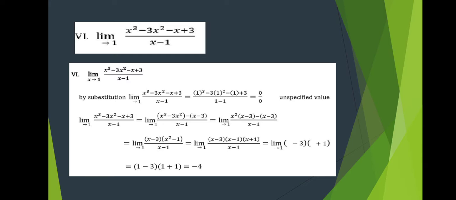What do we do here? Two brackets, x minus 1 with x plus 1 over x minus 1. Cancel x minus 1 with x minus 1, and we remember here x minus 3 and x plus 1. Substitution here for x equal 1, then we put 1 minus 3 in the first bracket and 1 plus 1 in the second. By calculating, we get negative 4.